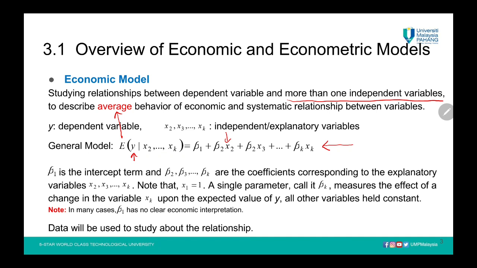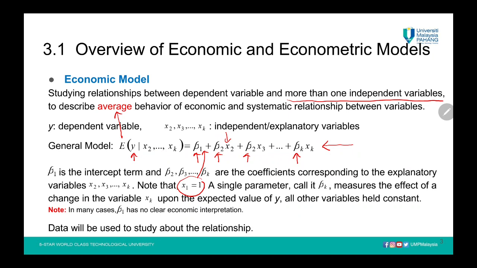Beta 1 is the y-intercept. Beta 2, beta 3 up to beta k are the coefficients corresponding to the explanatory variables x2, x3 up to xk. Note that x1 here is equal to 1.